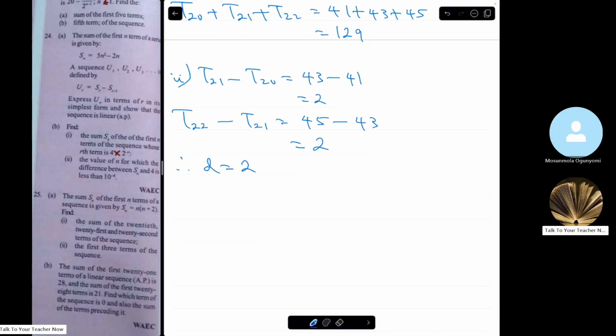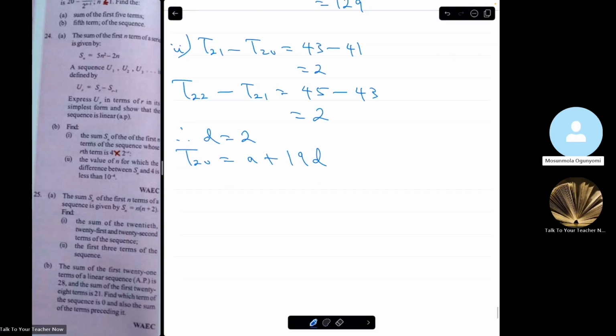And then I can find the first term. I can use this to find the first term. T20 is equal to A plus 19D. Do you understand?